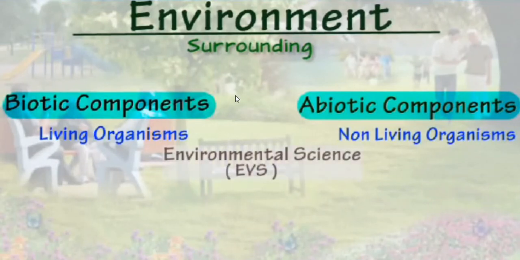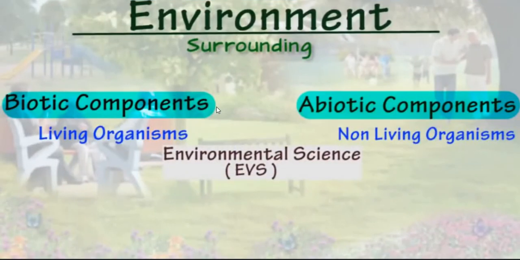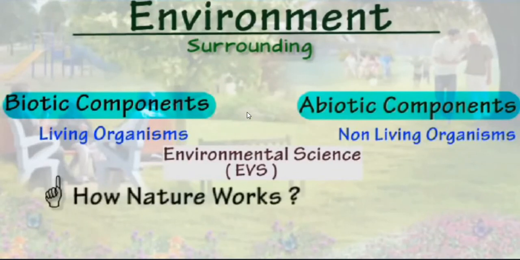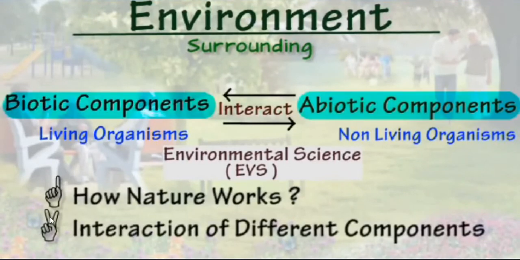When in a surrounding these biotic and abiotic components are together, they form a system called an ecosystem. And the person who studies it is called an ecologist. In environmental science, we study how these components interact and how nature works. The interaction of these different components basically forms our surrounding, right?